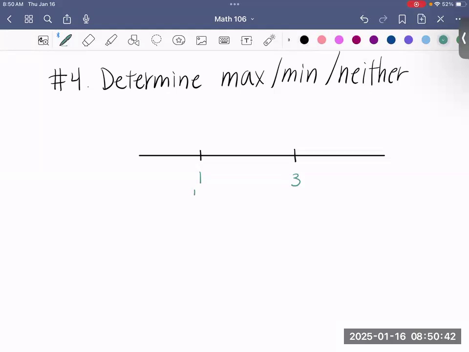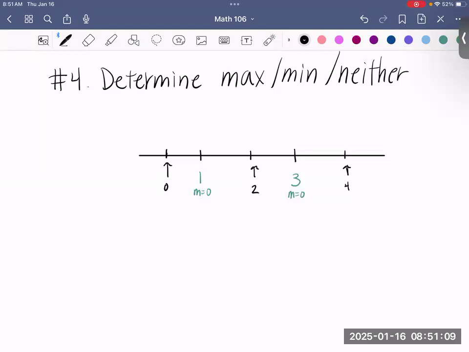We know that at here, your slope is equal to 0. We're horizontal. So that means we need to just test some points in between, and you only need to do 1 for each. So what's a value that is less than 1? Well, a nice one would be maybe 0. And then again, a nice point in between 1 and 3 is perhaps 2. And the last one, a number greater than 3, is perhaps 4.